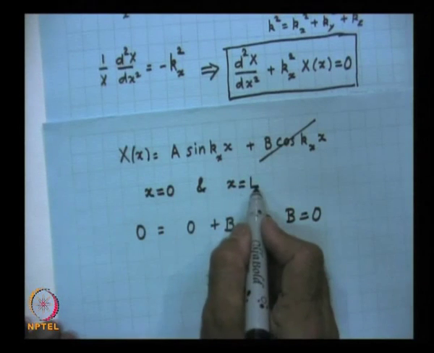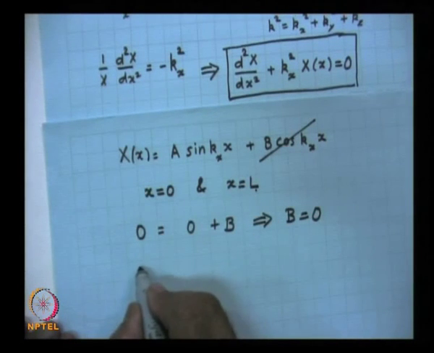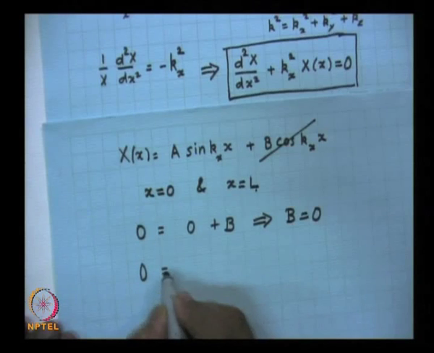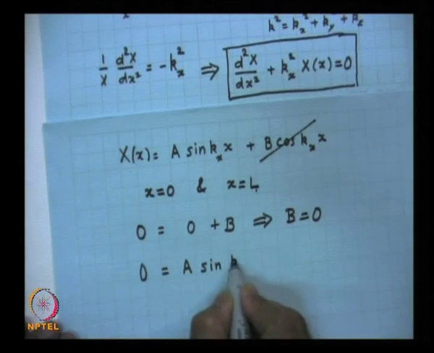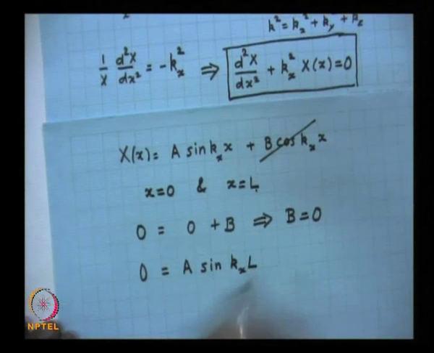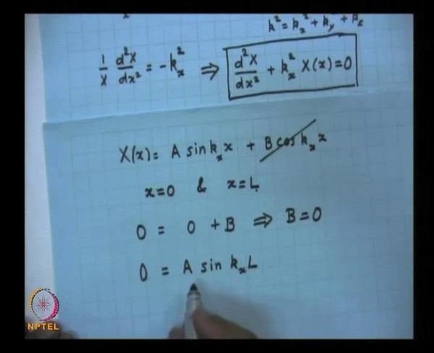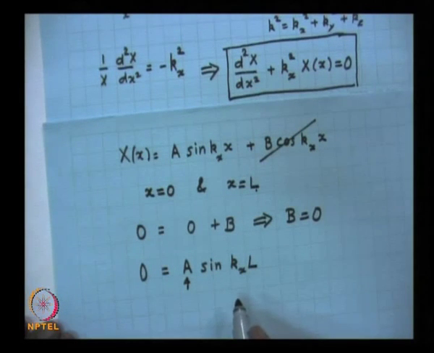Then at x is equal to L, the wave function must be 0. So, 0 is equal to A sin k x L. As we had done quite some time earlier, there are now two possibilities. One is that either A is 0 or sin k x L is 0.